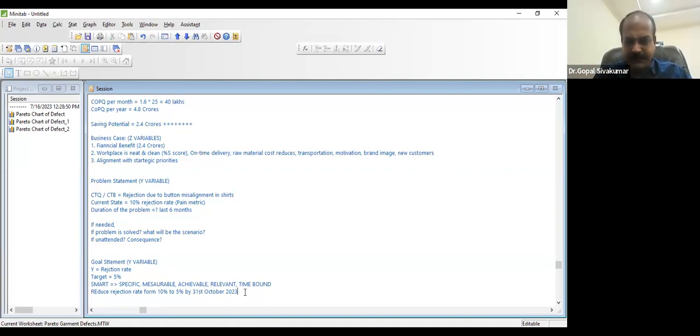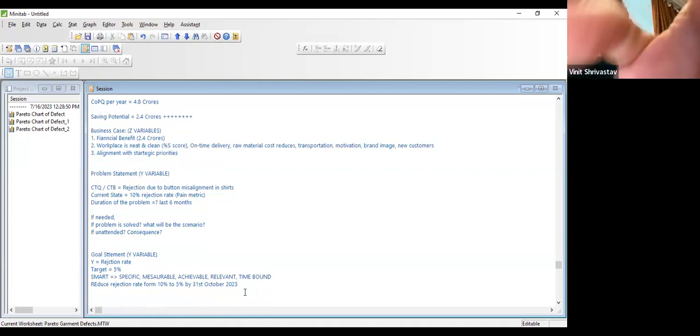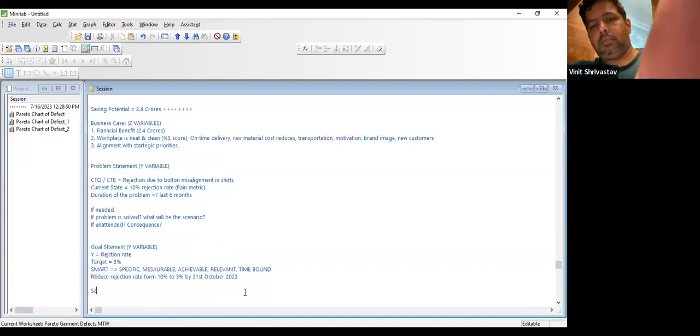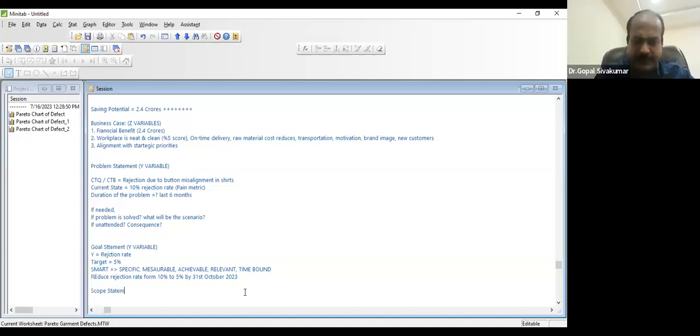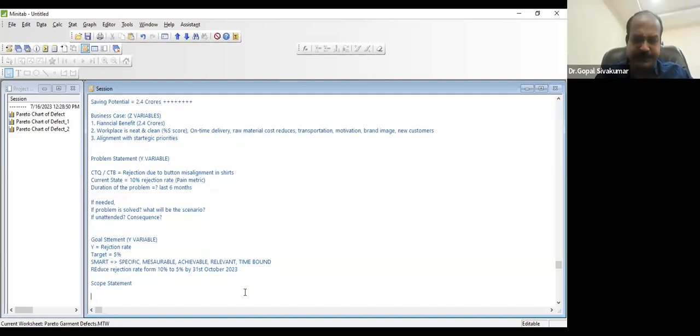Right? Then you can go for scope statement. What is scope statement? First, in scope and out scope. What is in scope? We are working only in a particular factory, isn't it? Let's say the factory is in Bangalore. The same company is available in multiple places.